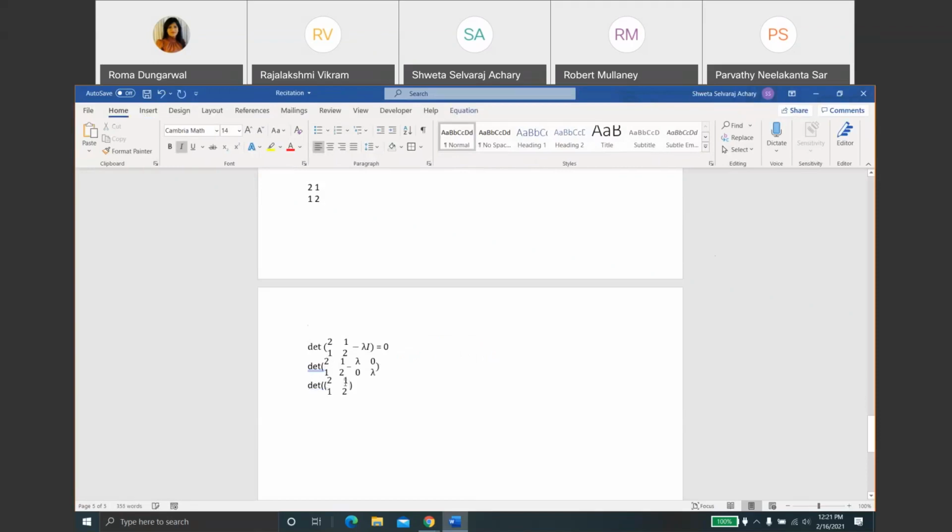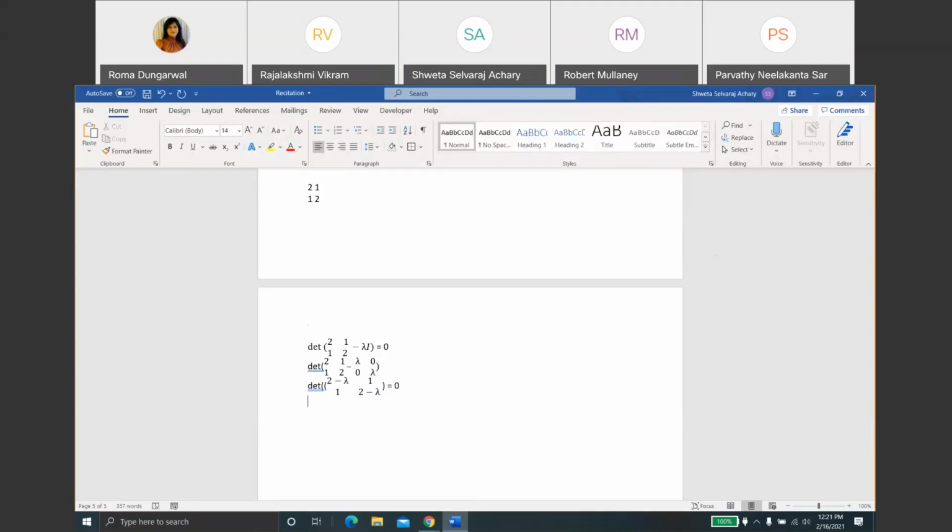So when you do element wise subtraction, you get 2 minus lambda, 1 minus 0 is 1, 1 minus 0 is 1, 2 minus lambda is again 2 minus lambda. And you need to equate this to 0 again.